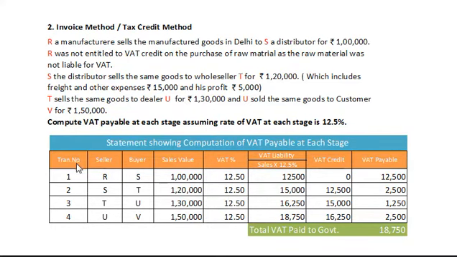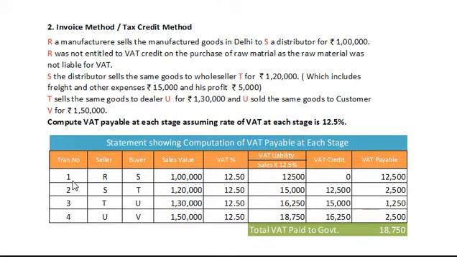Here I have prepared a statement for calculation of VAT payable at each stage. Let us understand the columns first. First is transaction number, then seller, and next column for buyer. Sales value, VAT percentage, VAT liability on sale, that is sales multiplied by VAT percentage 12.5. Then VAT credit available on purchase, and finally net VAT payable to the government.